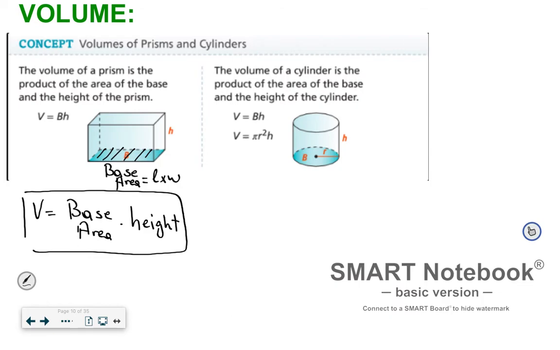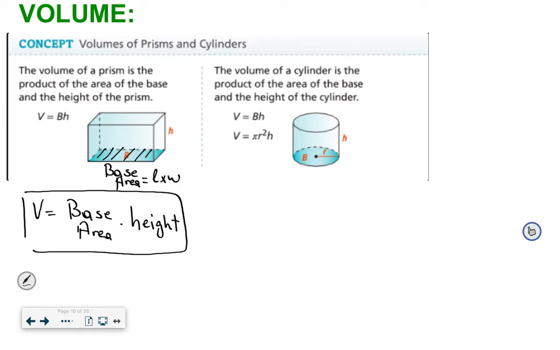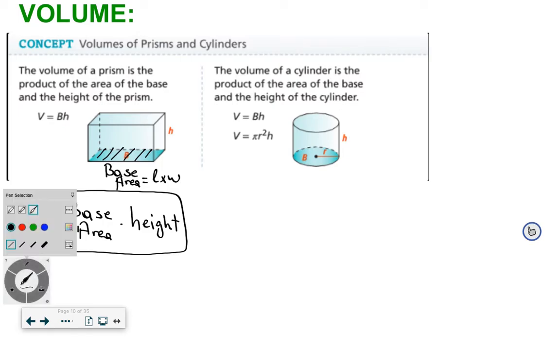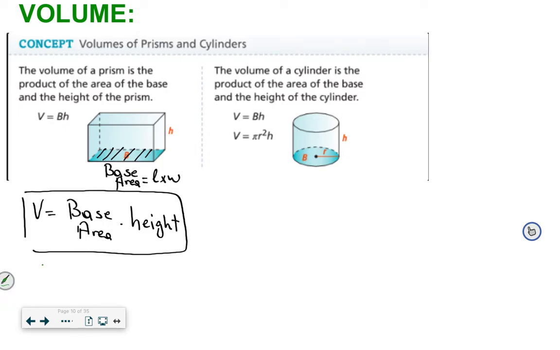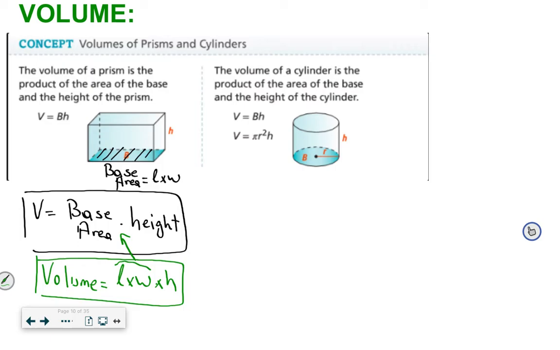And that times height to be able to find the volume. So you can also write, instead of the base area, volume is length times width times height, because length times width is base area. So this is the formula of volume.